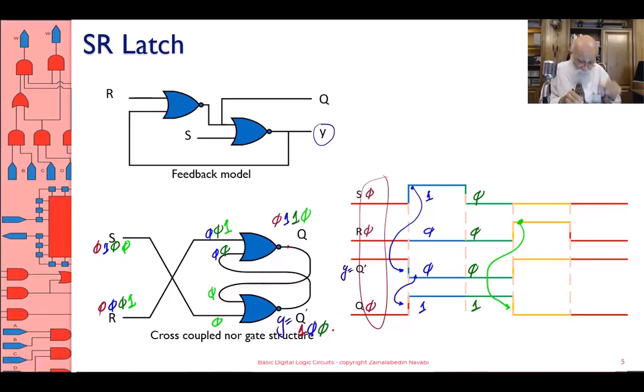Also, 2 zeros cause this output to become 1. And therefore, once Q becomes 0, then Y becomes 1. And therefore, I end up with a 0 here, a 1 here, a 1 here, and a 0 here.